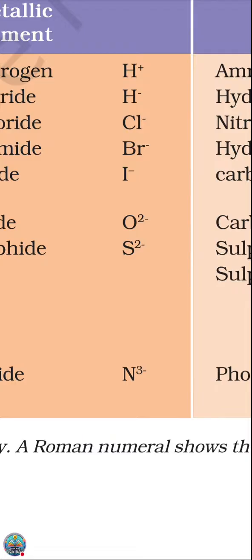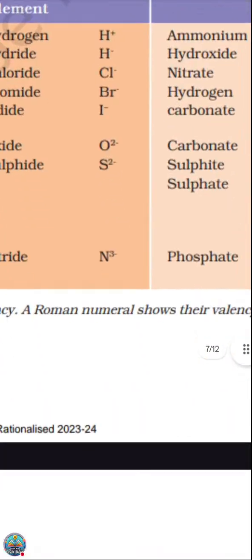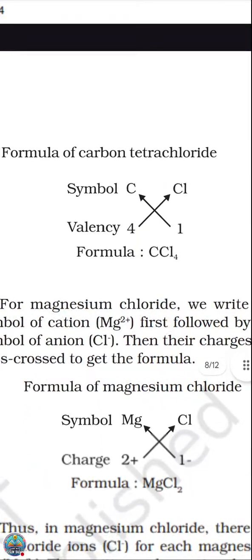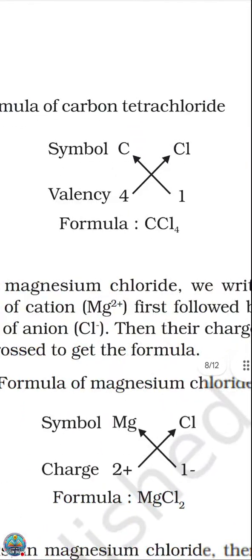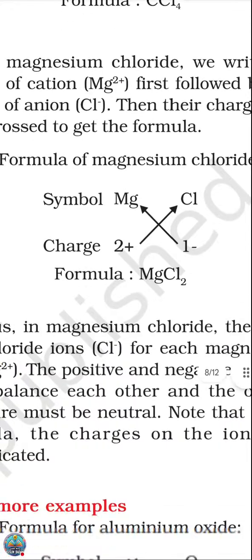So minus 1. So both the valencies we will write just below. First you need to write their symbols, carbon symbol and chlorine symbol. Carbon is C, chlorine is Cl. Then write down their valencies. Carbon's valency is 4, chlorine's valency is 1. Then we'll cross them. So this 1 with carbon and 4 with chlorine. So CCl4.